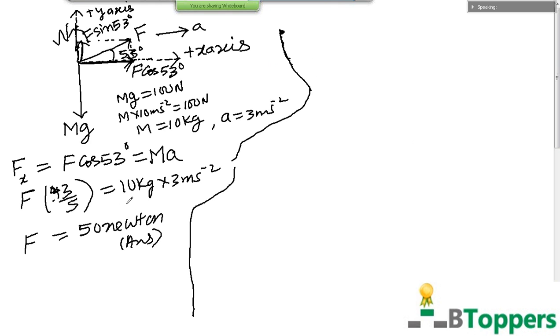So along y-axis, the vertical component of the pulling force with magnitude F sin 53 degrees acts along positive axis. Let N represent magnitude of normal reaction on block by the floor, which is also directed along positive axis. The weight mg of the block is directed vertically downwards in the negative direction of y-axis.